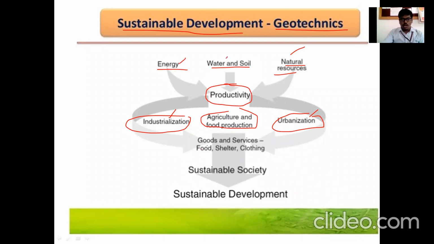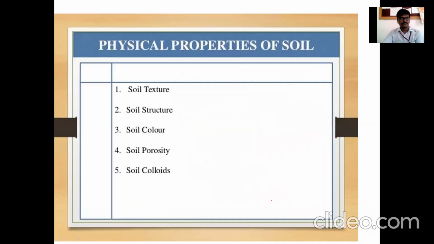And at last, all this leads to the production of goods and services. Whatever reaches the society should provide a good sustainable society, so that sustainable development is taken care of.